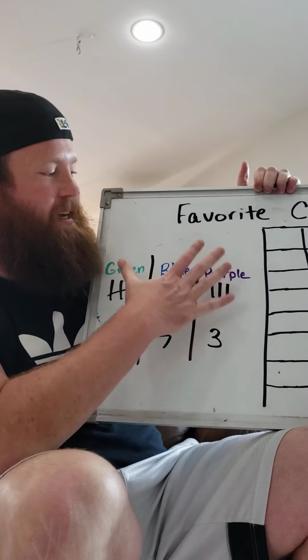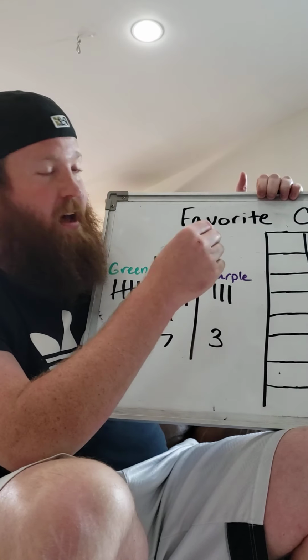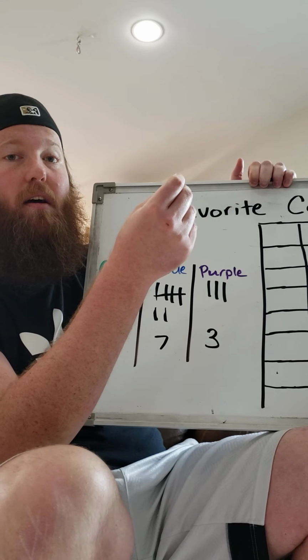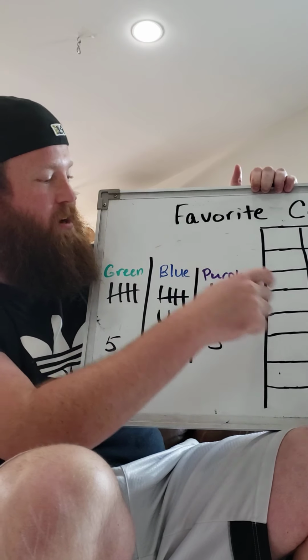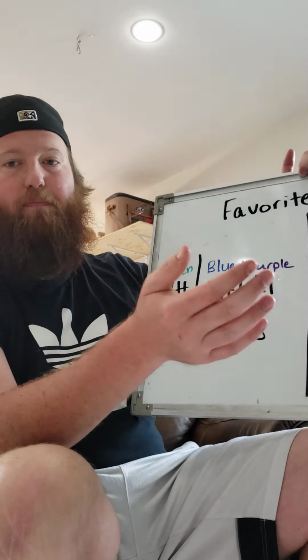Now what I want to do is take this information and put it into my bar graph. I get to use colors, so I'm excited about that. And our category for favorite color means we have to take these, green, blue, and purple, and put them down here so people aren't just looking at some random bar graph.